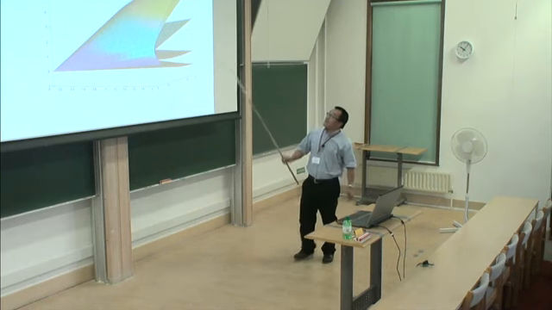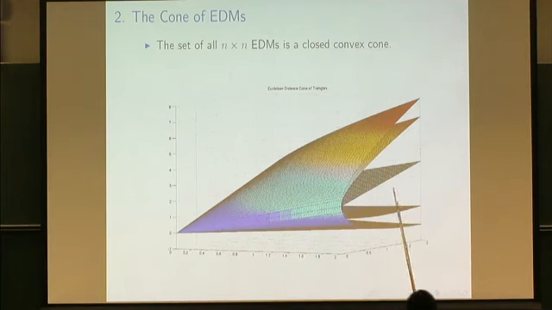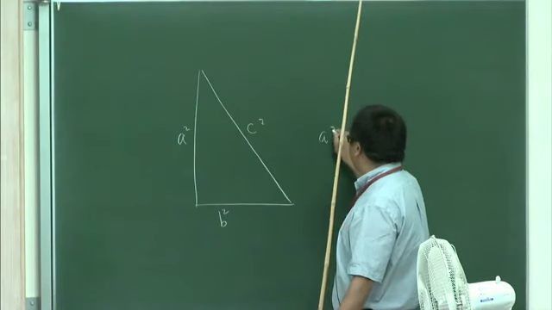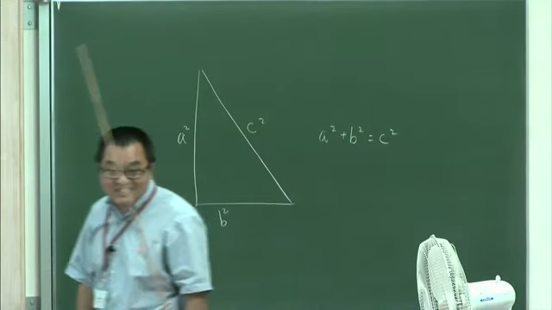This is the cone of the Euclidean distance matrices. This body actually contains every triangle. For example, if you have a right-angle triangle, you would have A, B, and C. Because we are dealing with the squared distance, this is a linear equation.